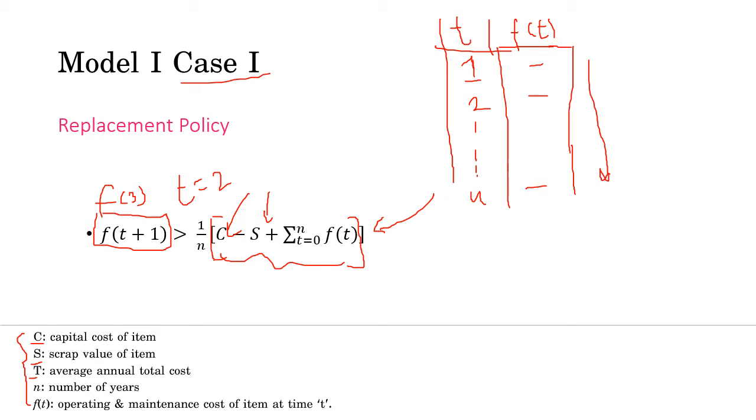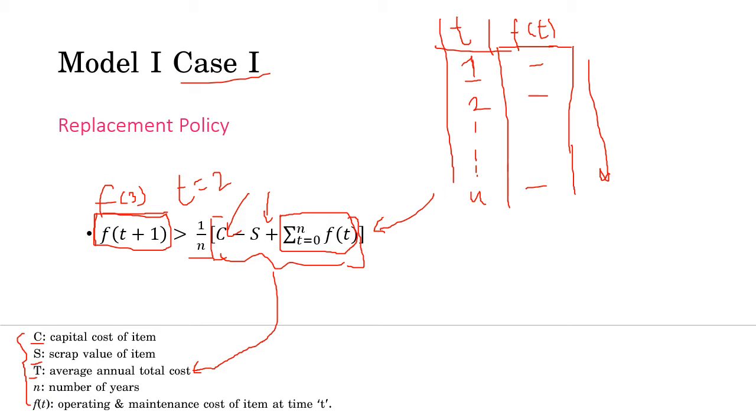So it's the summation from t equal to 0 to some number of years n, and we are going to sum these maintenance costs up to that certain n, and then finally we calculate the average up to those many years, and then what we get is the average annual total cost. Okay, so if this average annual total cost is less than the maintenance cost of the next year, then we replace the machine.